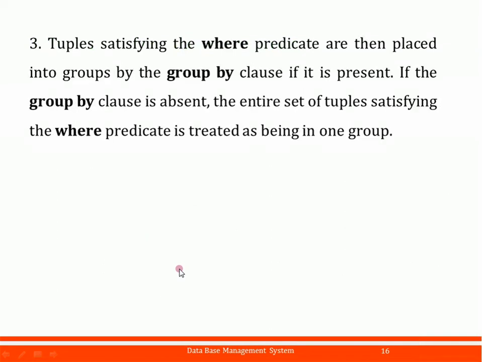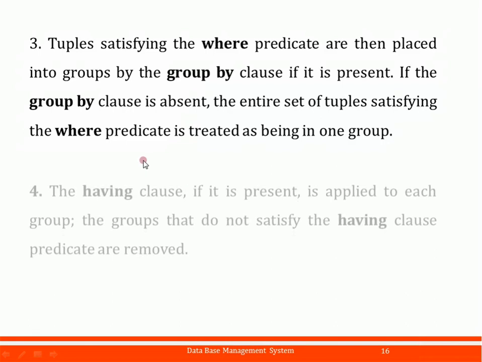After this you will get some tuples which satisfy the predicate of the where clause. Then they will be grouped based on your group by clause. If this group by clause is absent, then the entire set of tuples from the where clause will be treated as a single group. If there is group by, then based on the attributes you will have a number of groups.